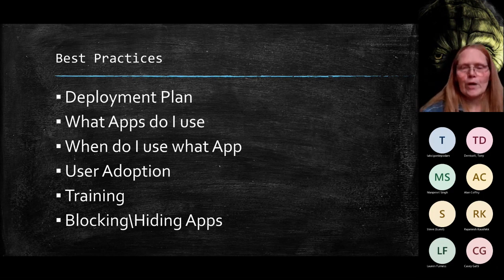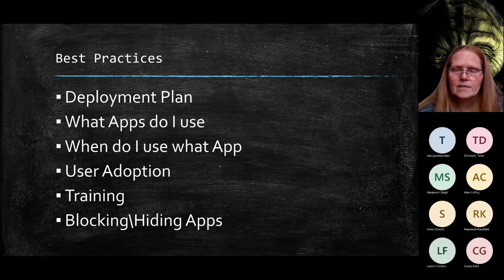Now let's give them a new shiny toy. Let's give them a couple more apps. Train them, do some little how-tos, but they only have to focus on 2 because they already learned the other 3. You're going to get better user adoption from your users because they're going to be learning a much smaller segment of new content than everything as a whole all at once.